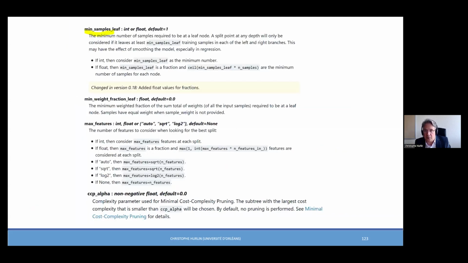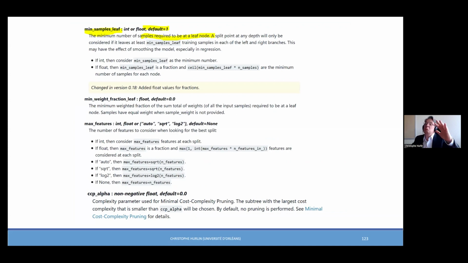Minimum sample leaf. This is the minimum number of individuals, of samples, required to be at a leaf node at the end. If I leave the choice by default, this is equal to 1. So maybe in one final leaf, I have only Christopher.